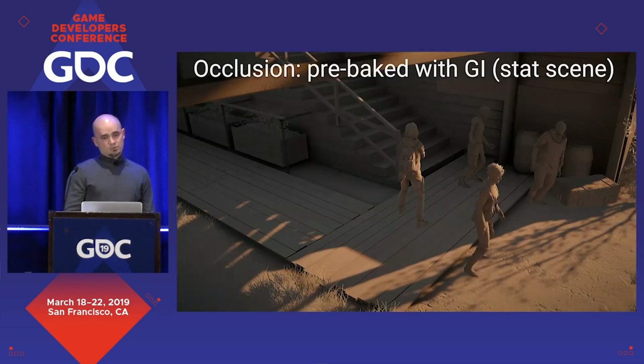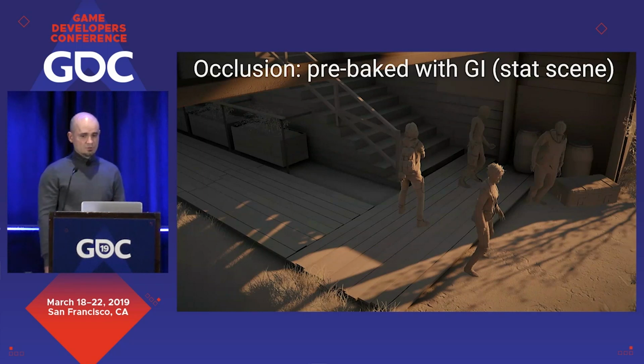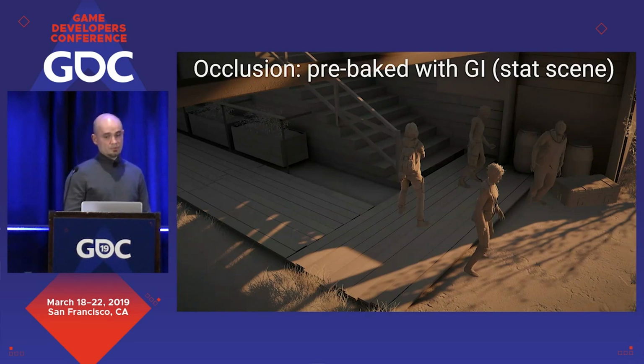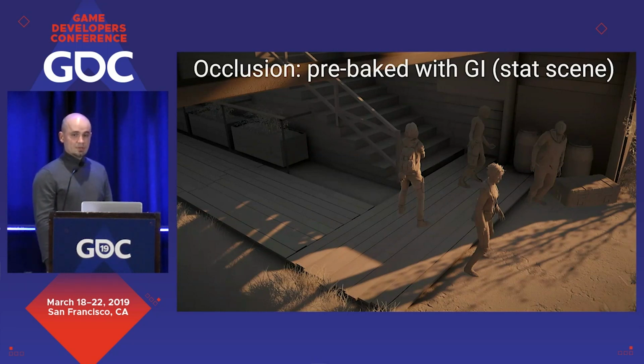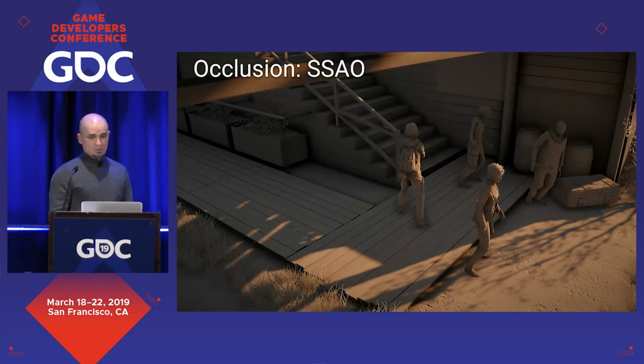So let's now talk about the occlusion term in our engine. Large scale, high quality static occlusion is pre-computed into the light maps, but this way we have an obvious problem with dynamic objects like characters on the screen. They appear to be floating around in places where they're not grounded by some direct light shadows. So screen space ambient occlusion helps a bit with this situation.